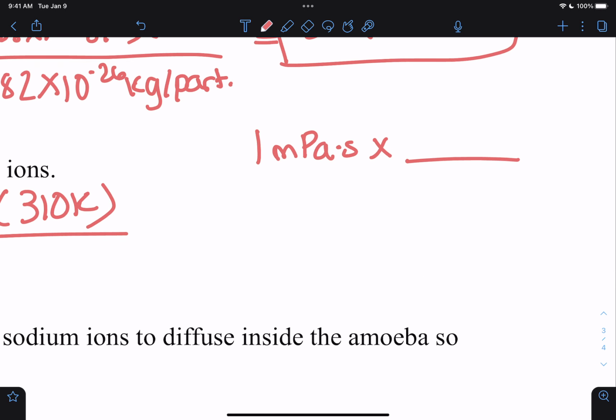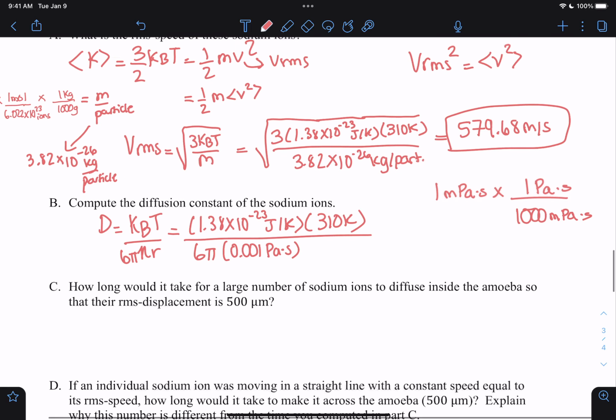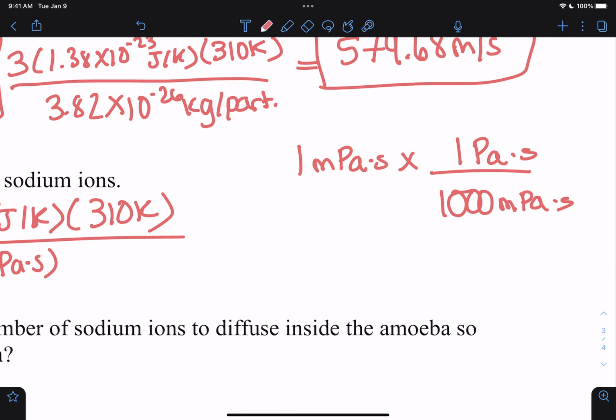In 1 pascal, we have 1,000 millipascals, so you just divide by 1,000 to get the number of pascal seconds. Otherwise, if we had kilopascals, we'd have to do an additional conversion.